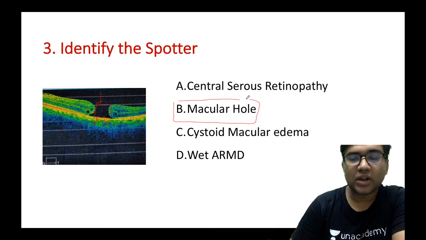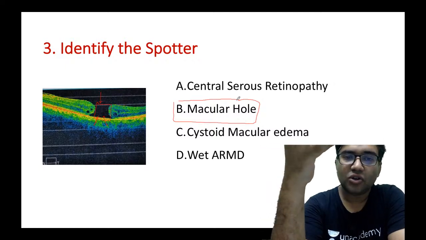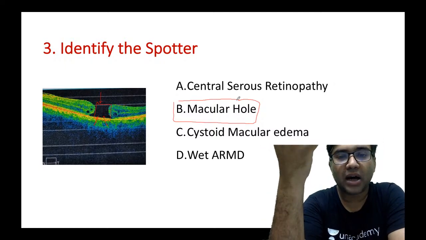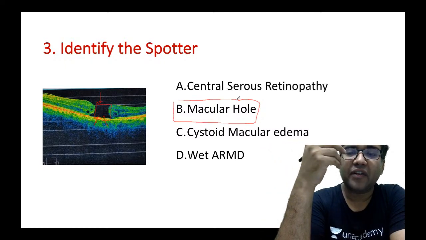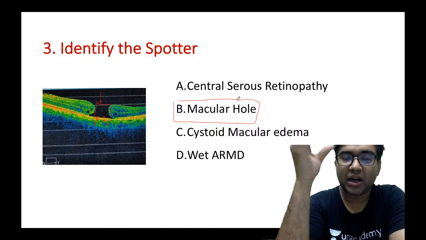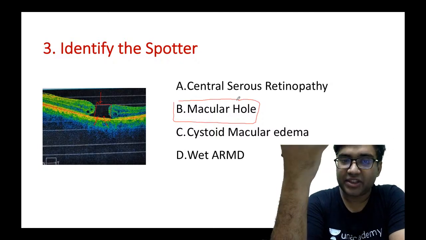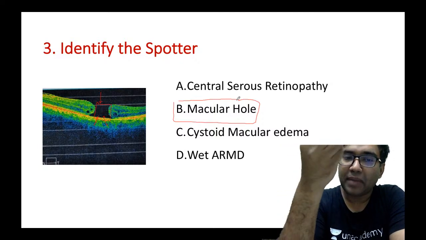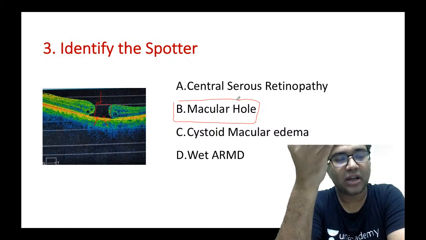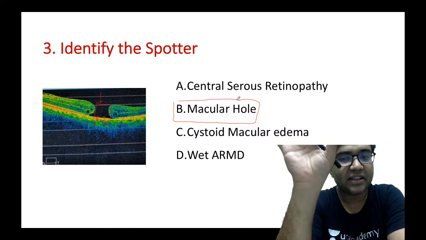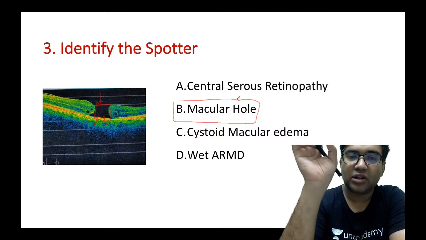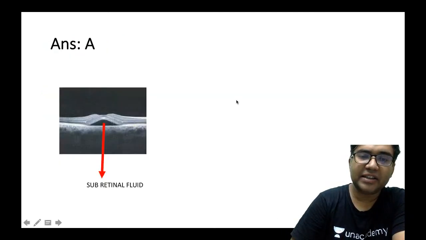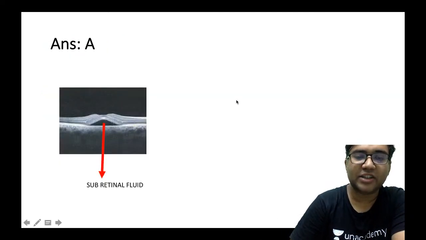Okay, the usual cause is either idiopathic, or it can be due to trauma, or it can be after cystoid macular edema. So if you can appreciate, at the level of the macula, at the center of the macula, some layers are absent. So this is called a macular hole. Now I am showing you again the picture of central serous retinopathy.